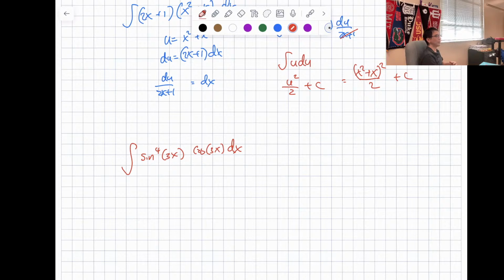Because if something's presented in the question, usually that is going to be the one that helps you. So you want to think about u equal to something and du at the same time before you even write anything down, because you might rule out a few choices. And the few choices you rule out might help you with your questions.